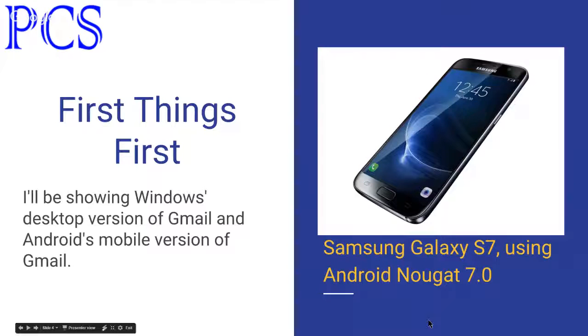In this particular case, I'm running Windows 10 on my desktop, so the desktop version of Gmail that I'll be showing you will be on Windows 10. And for Android, I'm running my shiny new Samsung Galaxy S7, which currently is using Nougat 7.0. That's the version of Android that I'm running on it. So that's what this whole setup is going to be shown on.